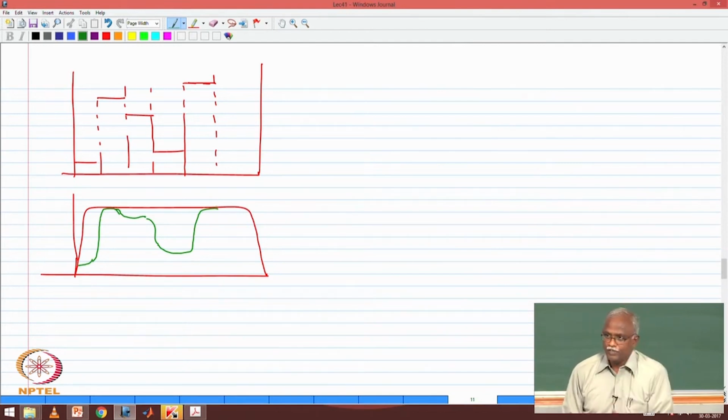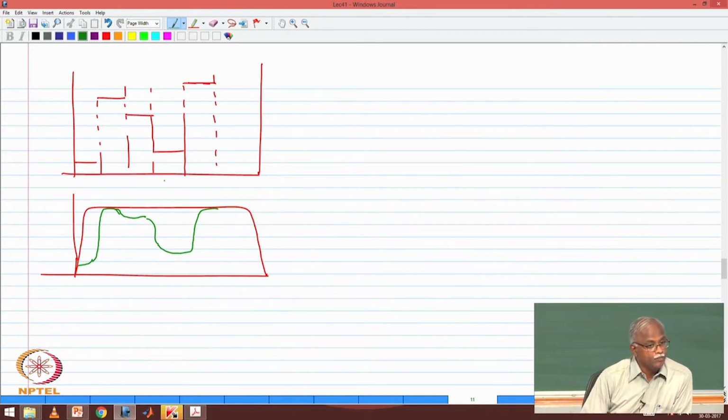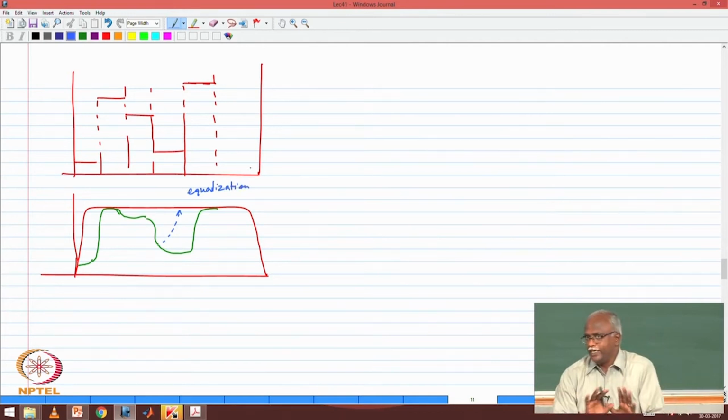Now, of course, I can recover the original signal by equalization. So I can go back from here to this point via equalization. So my ability to detect the signal, a wideband signal which has gone through frequency selective fading, is not the issue. But now the question is, how do I achieve capacity?